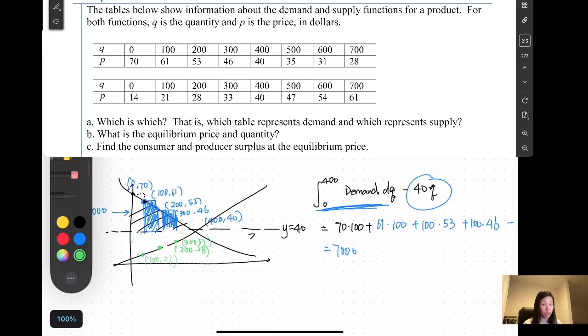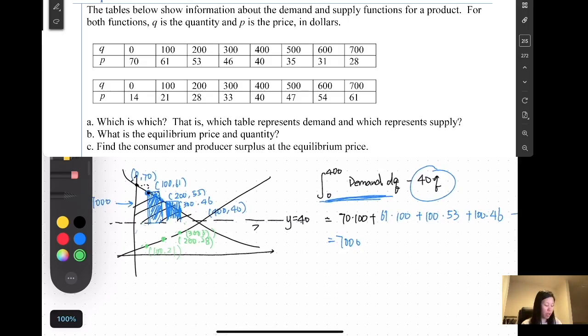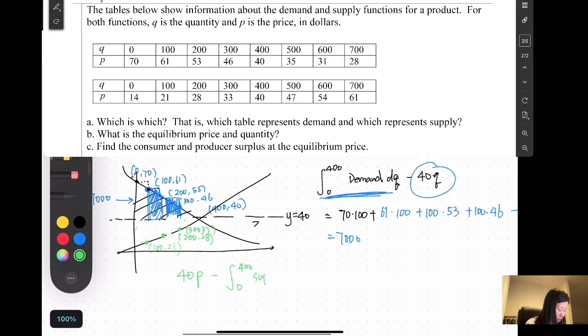By the definition of the producer surplus, we use the dashed line, which is 14 times Q, the equilibrium point, minus the integral from 0 to 400 of the supply function.